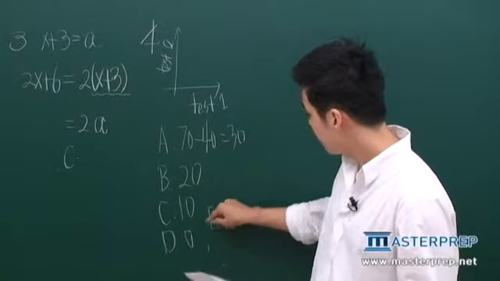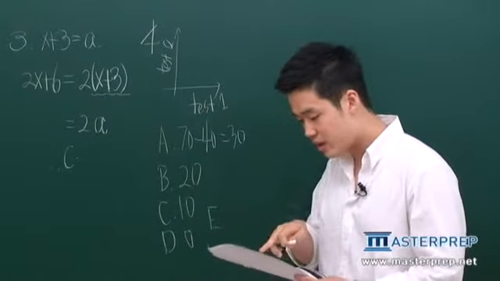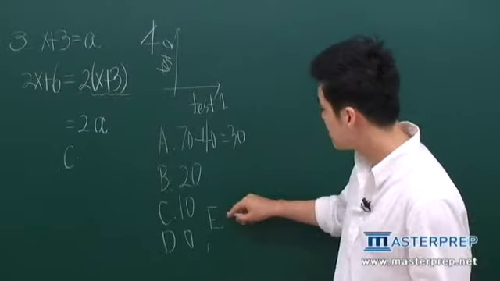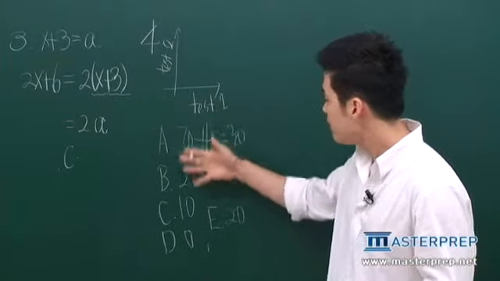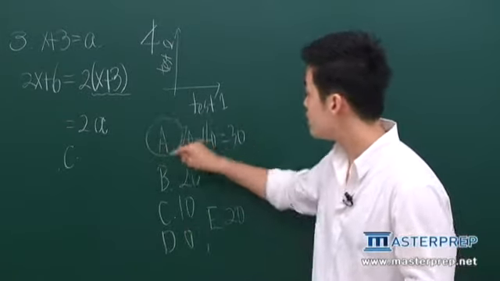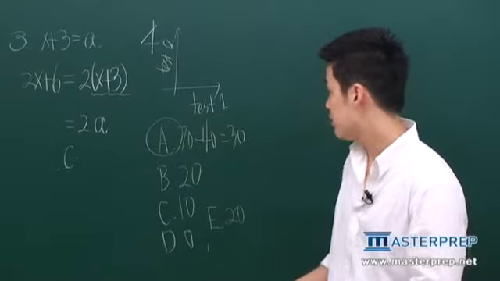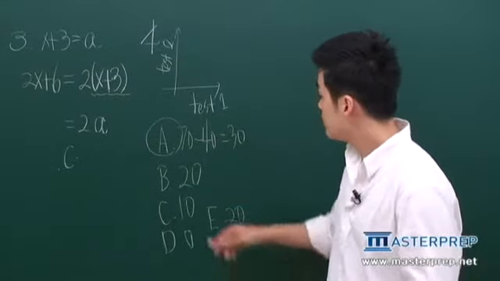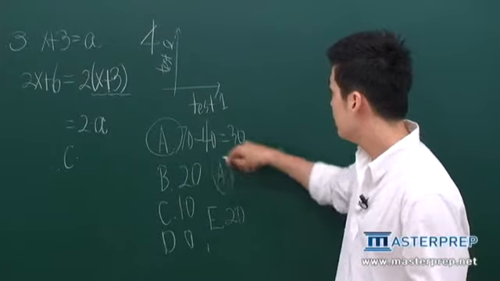For E, 80 minus 60 is 20. So A has the greatest change in test scores between test 1 and test 2. So A is the answer for number 4.